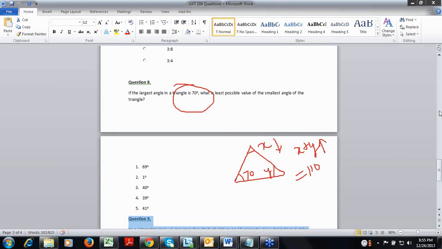So the maximum value y can have is what? Maximum value it can have is 70 degree. When the maximum value it can have is 70 degree, so x can have the value what? 40 degree. Now x cannot be lower than this, because y cannot be more than this. This is a simple equation.